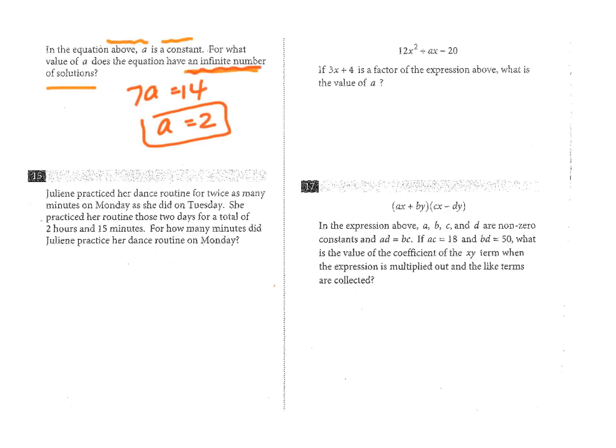For number 15, first of all, we know that she used twice as many minutes on Monday as she did on Tuesday. Let's use M to stand for the minutes she used on Monday, and T for Tuesday.